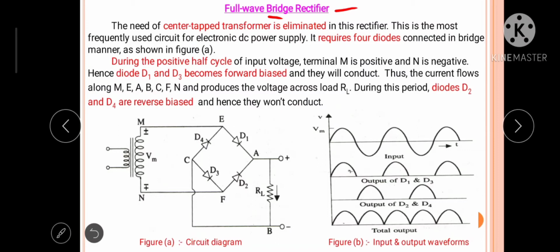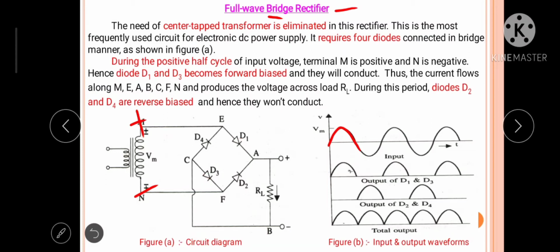During the positive half cycle of input voltage, the terminal M is positive and terminal N is negative. Due to such polarity, diode D1 and diode D3 become forward biased and will conduct the current.